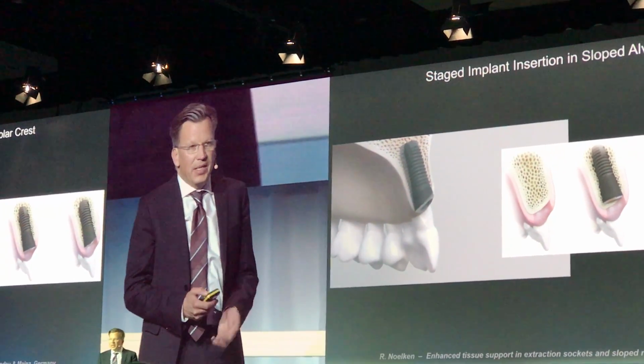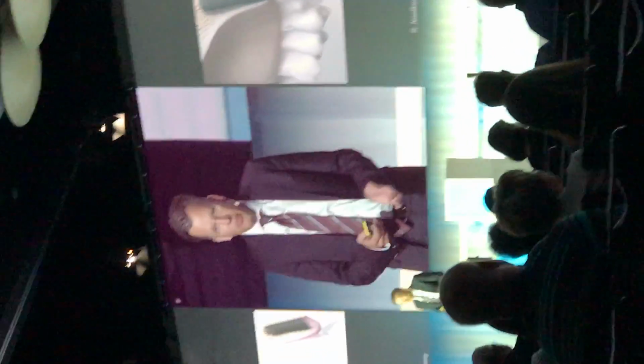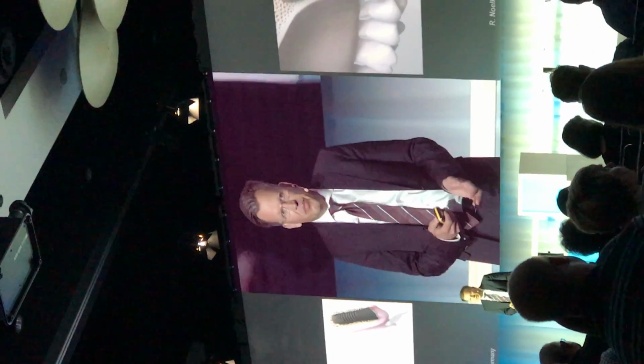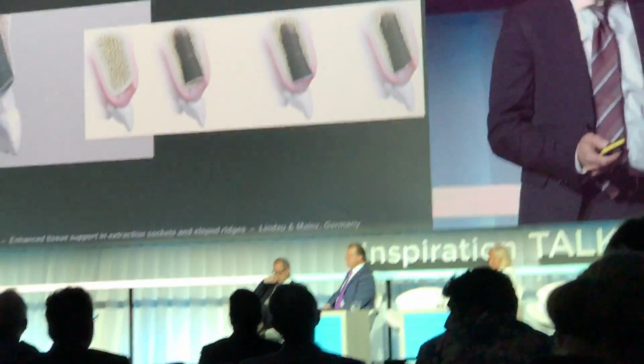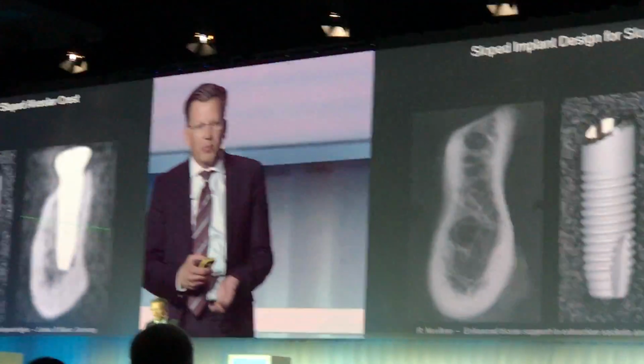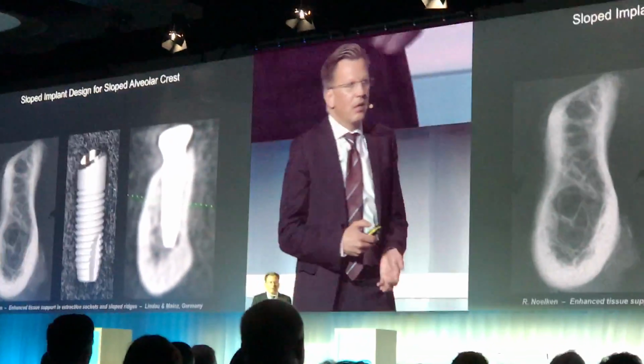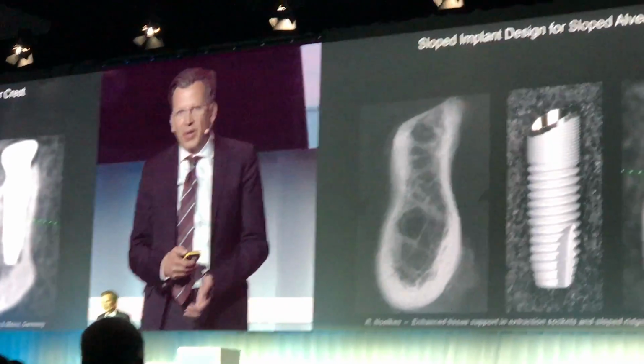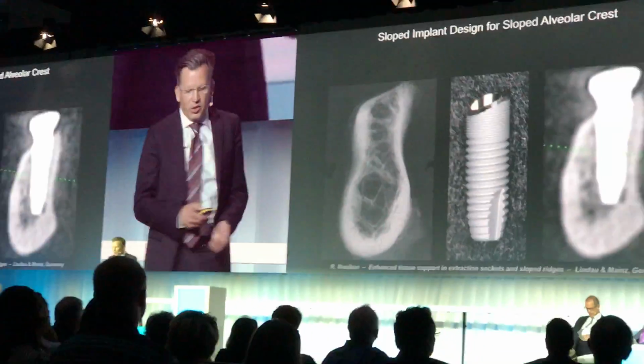Or do we place it at the level of the lingual bone? Then we may have some titanium shining through the facial gingiva, and it may require some facial bone augmentation. Or we choose an implant which is perfectly suited for this sloped crest situation, like this OsseSpeed profile implant, as seen here in this tomography.